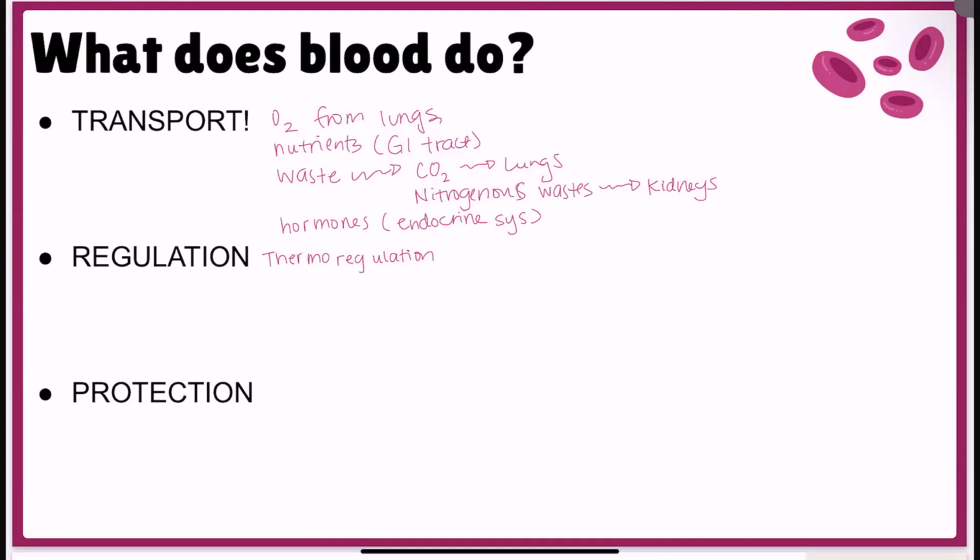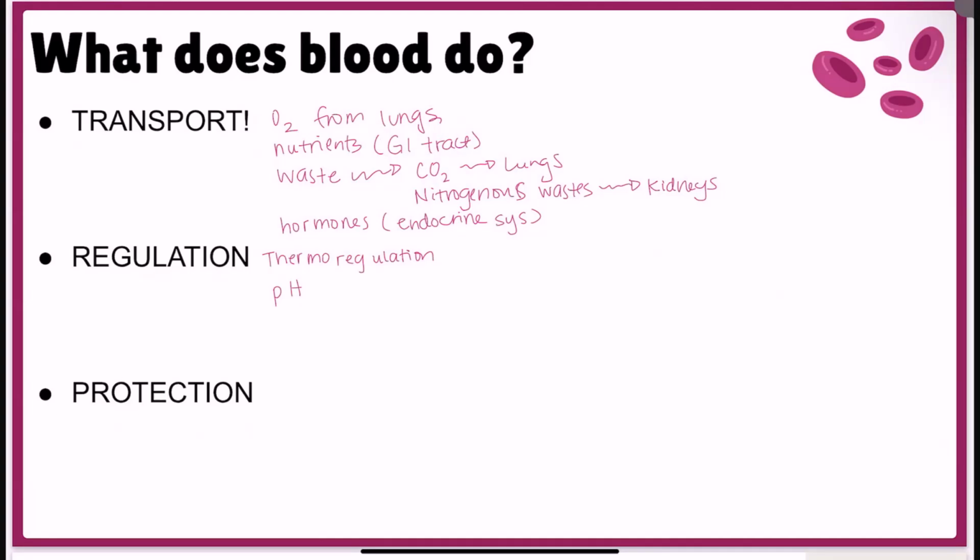The other thing that we regulate with the blood is pH, how acidic or how basic we are. We have a lot of things in our body that need to be maintained at a constant pH. If our pH is thrown off, then that really interferes with cell processes because a lot of our cell processes are done by proteins, and proteins are a little bit finicky when it comes to that pH.